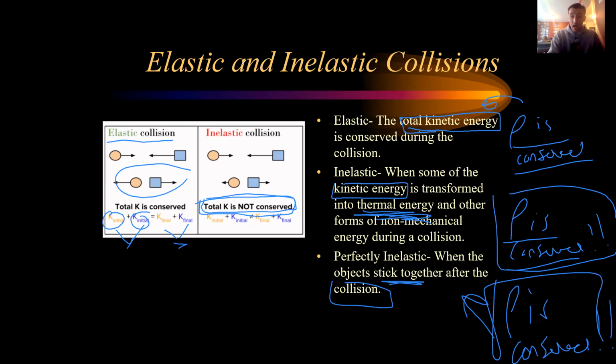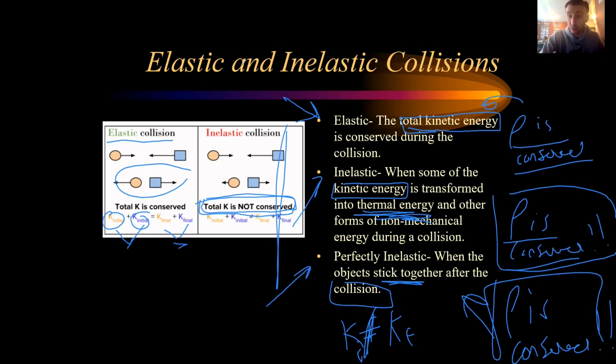Kinetic energy is not. So remember, elastic, both are conserved. Inelastic, momentum's conserved, kinetic energy is not. Perfectly inelastic, momentum's conserved, kinetic energy is not conserved, and they stick together afterwards. Okay, there's the definition of three.